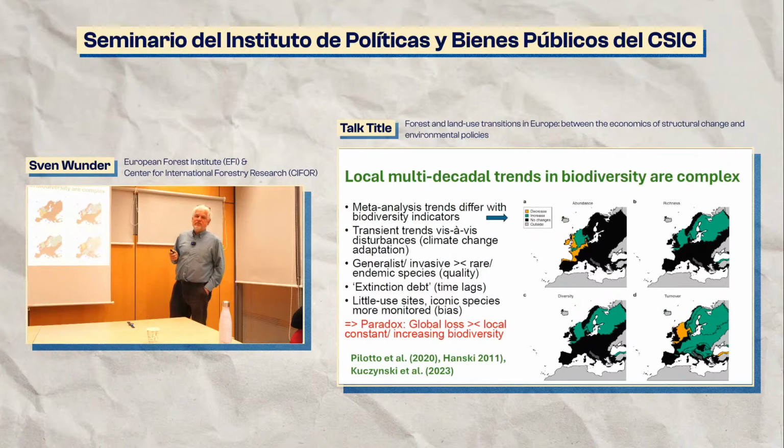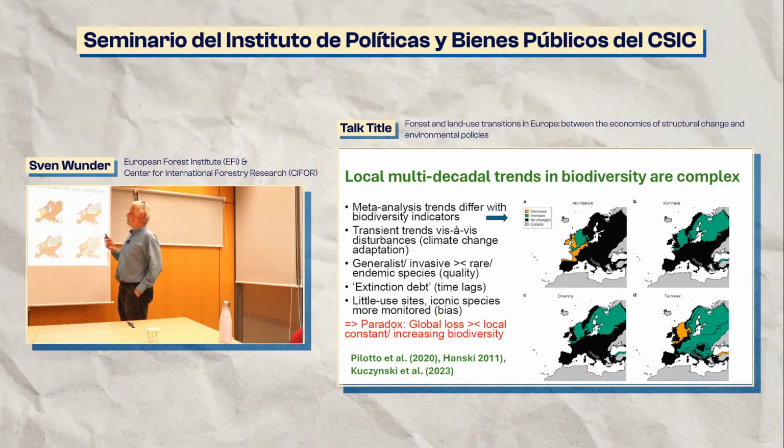So what about biodiversity trends? That was one of the things that we were also interested in. It's hard to get good data for long-term biodiversity trends in Europe, and some of the meta-analyses out there often find different trends according to what indicators you look at.